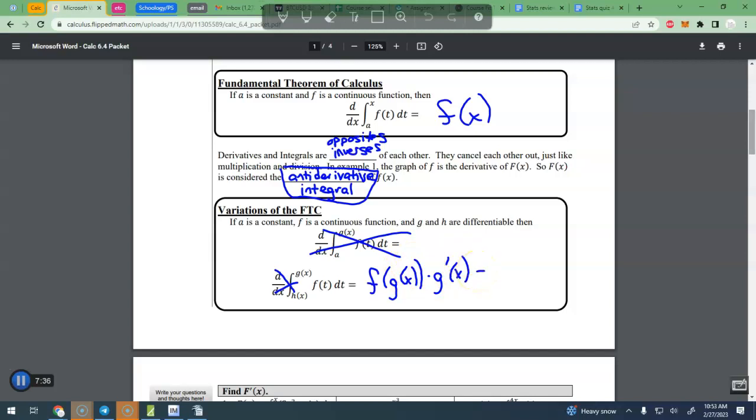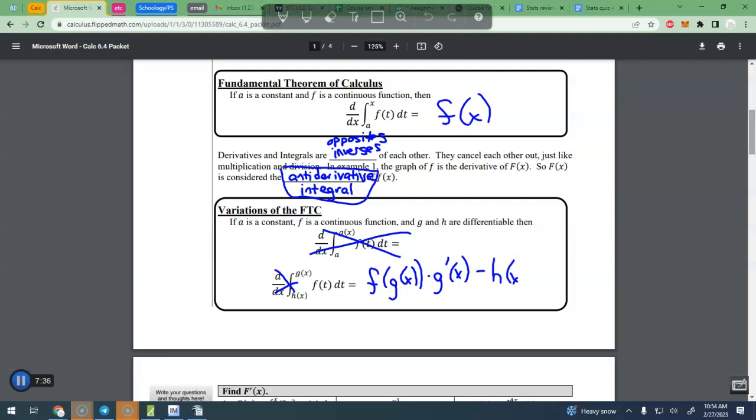Does that look familiar? What is it? That's chain rule. So you're doing chain rule by plugging in the top, and then you're going to subtract chain rule plugging in the bottom. I have a feeling this looks crazy difficult right now. It is not. When I show you examples, you'll be like, oh, that's it.